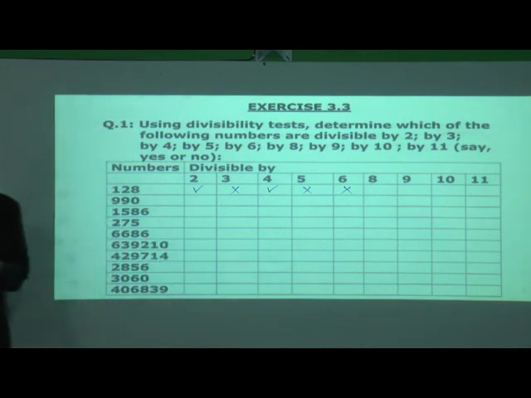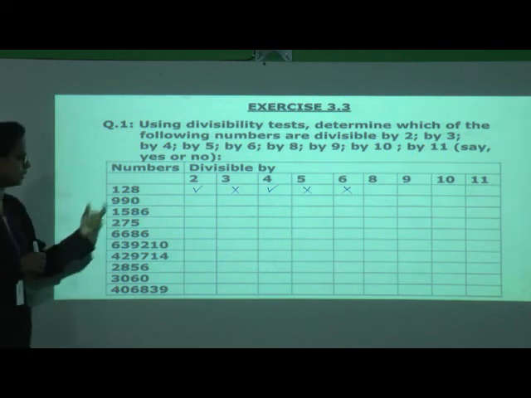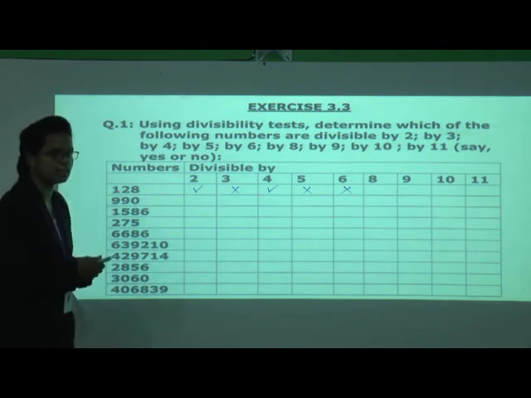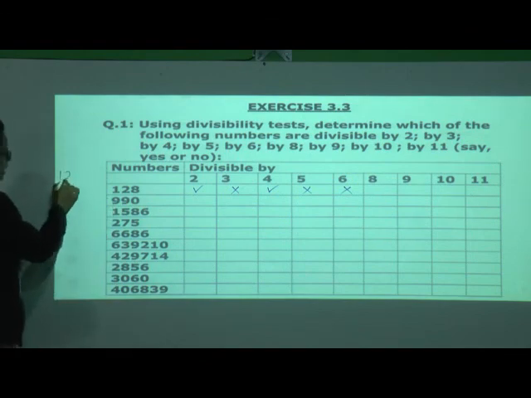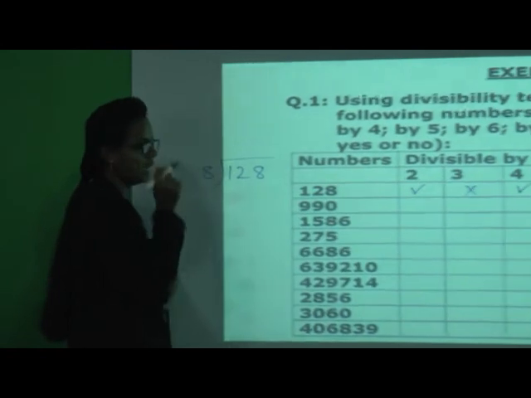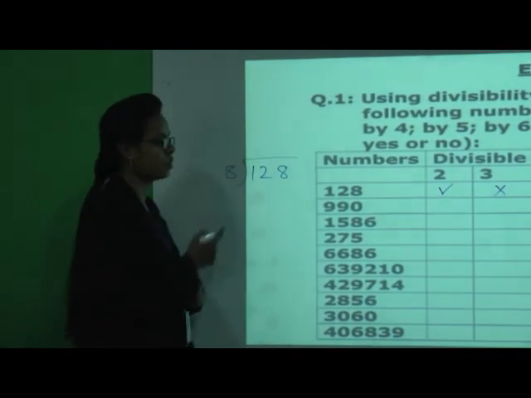Let us see the next one, divisibility by 8. If the number formed by the last 3 digits is divisible by 8, then that number is divisible by 8. Can you tell me whether 128 is divisible by 8? So let us see that. 128. 8 2s are 16, so it doesn't go.